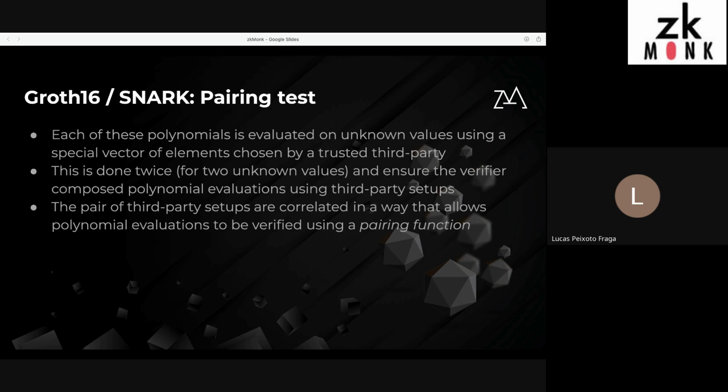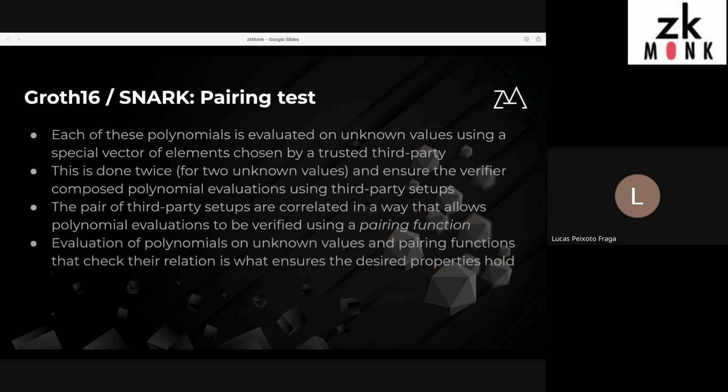We need to give the verifier very few elements to convince him that we composed the proof, the argument, correctly. And well, basically, this is what ensures Groth16 and SNARKs' general properties, right?